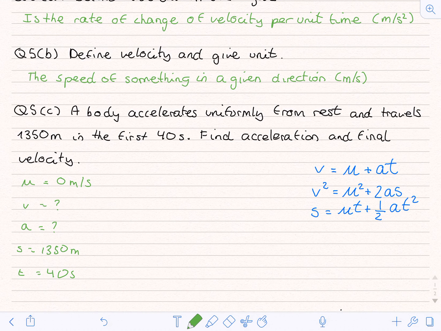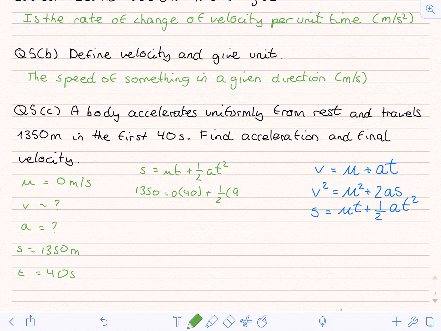First we're going to use this formula here. S is equal to ut plus a half at squared. We know that S is 1,350, u is 0, and 0 by 40 is equal to 0, but we'll just write it down for a minute.